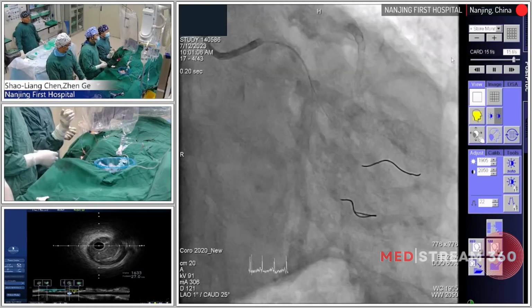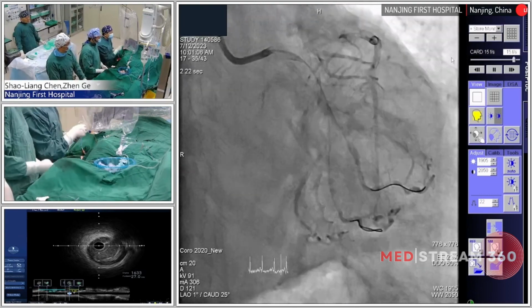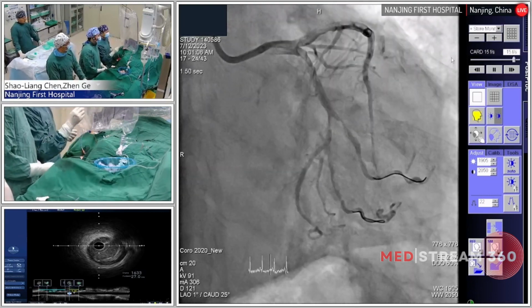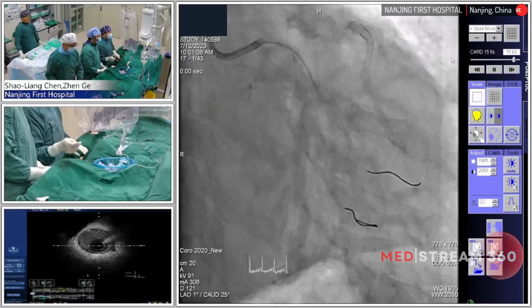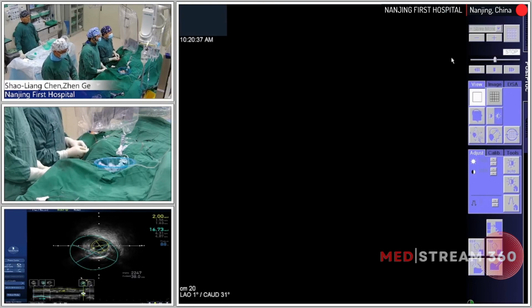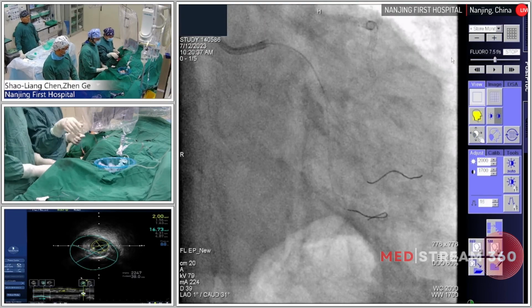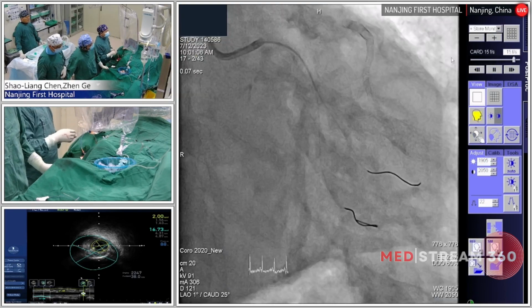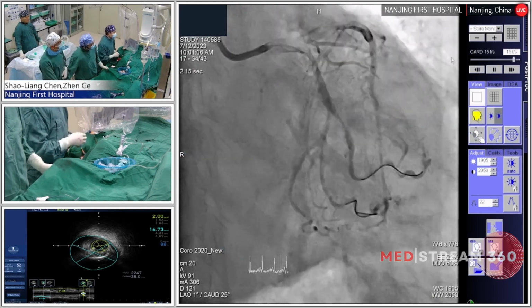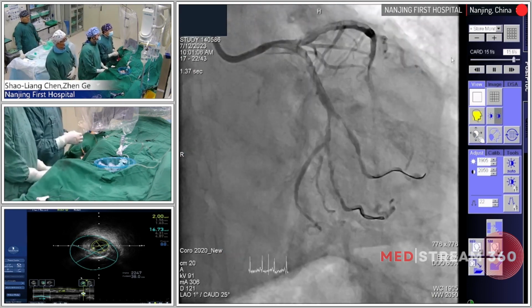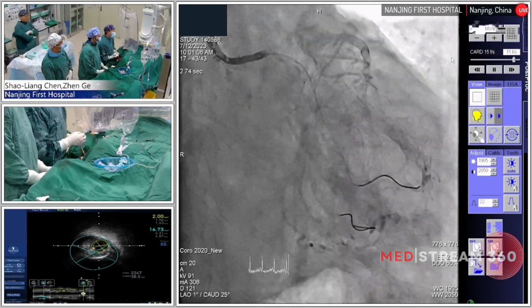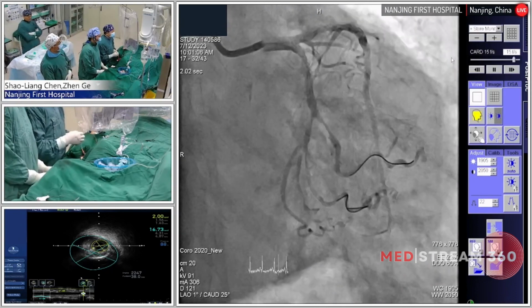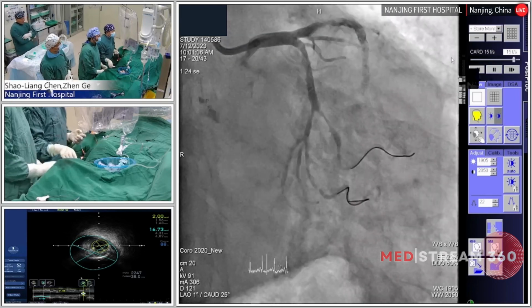From the IVUS imaging, the proximal circumflex has calcification. So use the 2.5 scoring balloon to predilate the proximal circumflex and the distal, and then the circumflex or the OM, proximal OM.